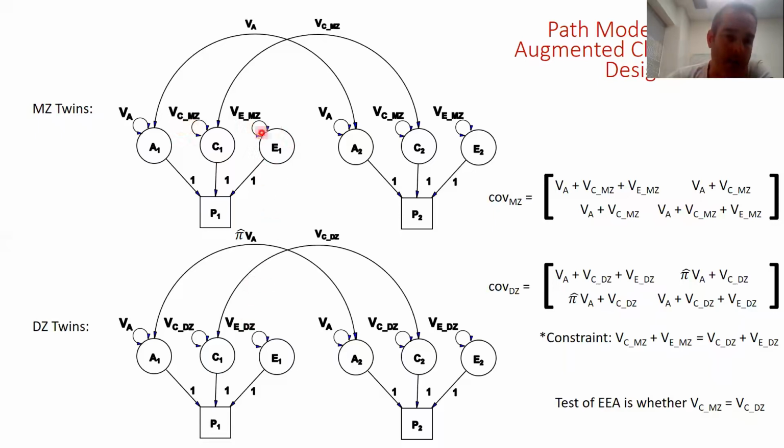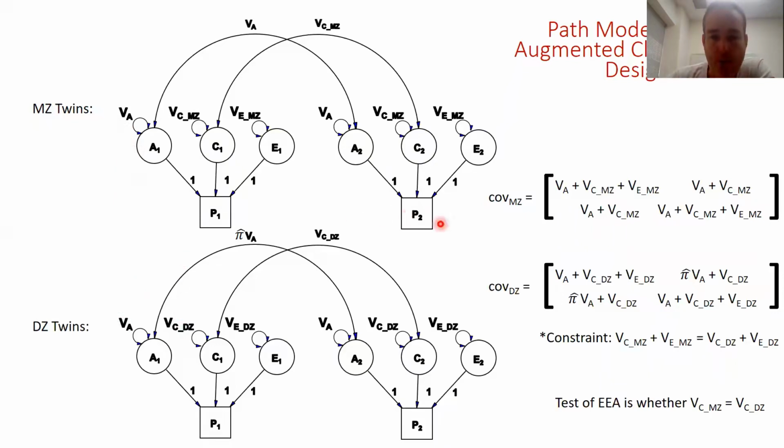You'll notice that those variances for MZ twins, VC and VE, are specific for MZ twins. They're different to the common environmental variance and unique environmental variance for DZ twins. You've got completely different parameters there, whereas your VA is constrained to be equal across MZ and DZ twins.